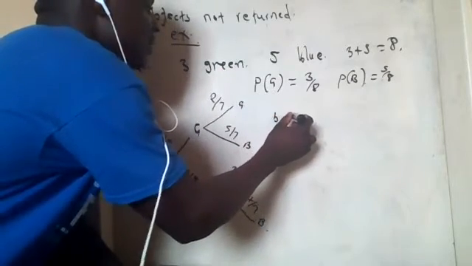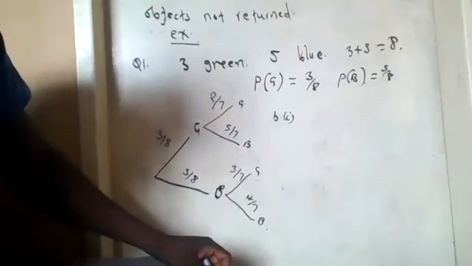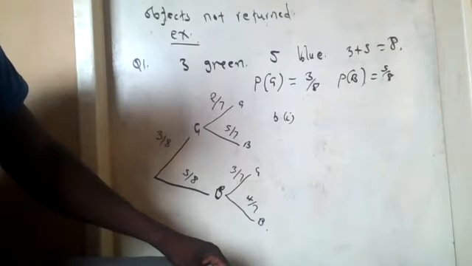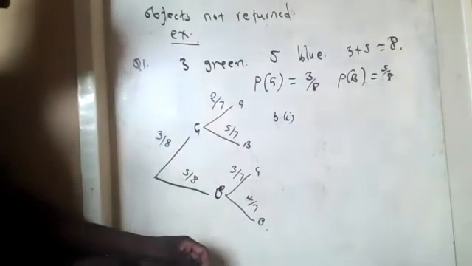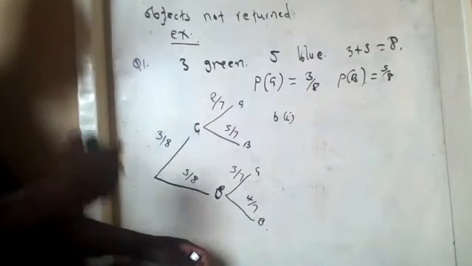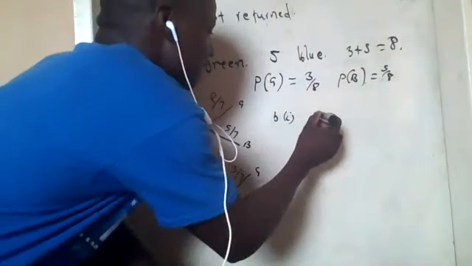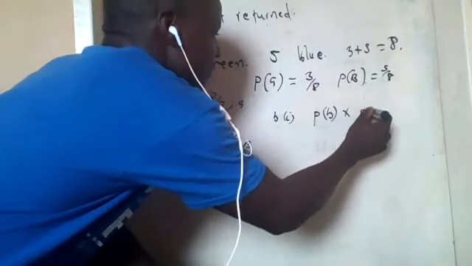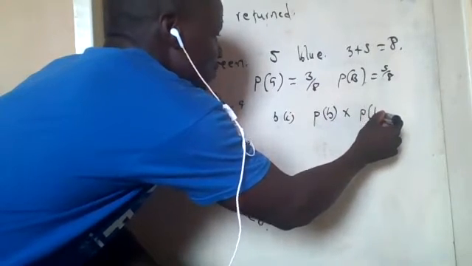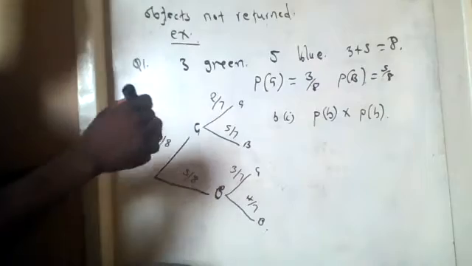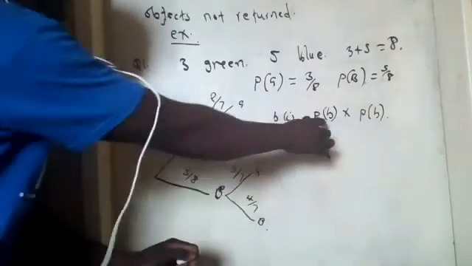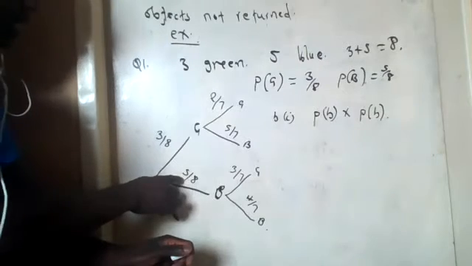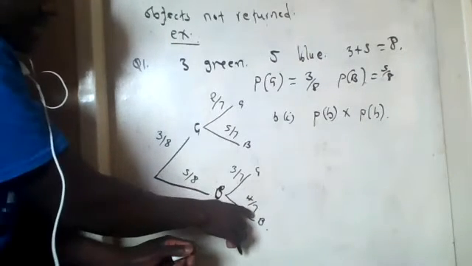B1 is talking about both being blue discs. So if both are blue, we are going to say the probability of blue and we multiply by the probability of blue. Now, when you say probability of finding blue and blue, we are going to say this blue and the blue.